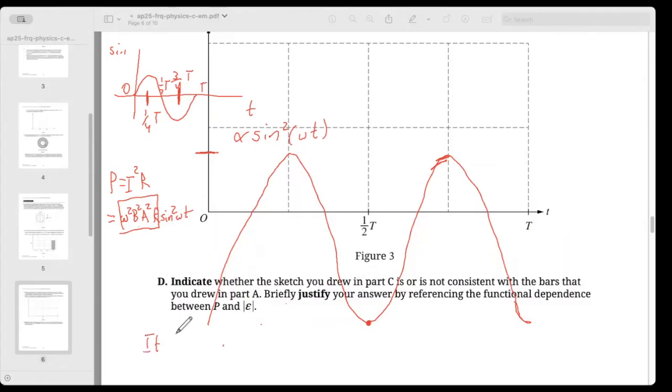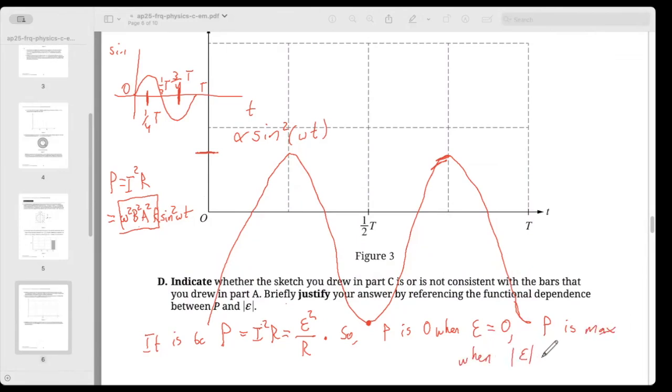It is because power is equal to I squared over R, which via Ohm's law is equal to E squared over R. So power is zero when voltage is zero, and power is maximal when the absolute value of voltage is maximal as well.